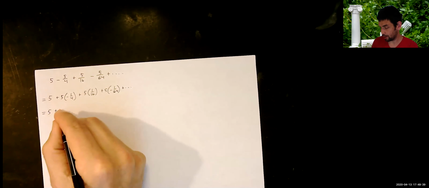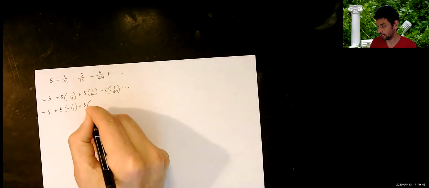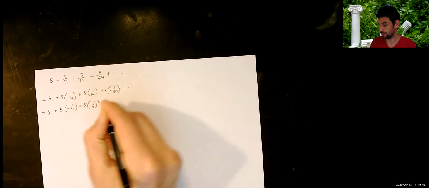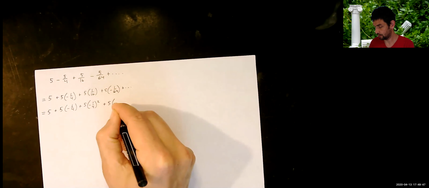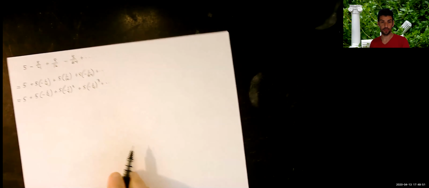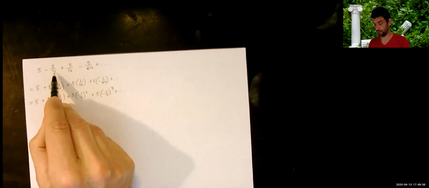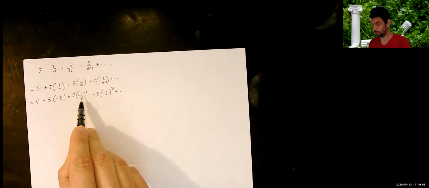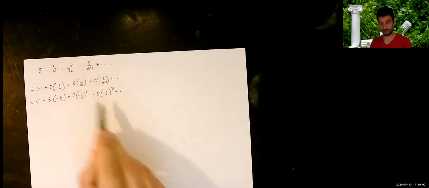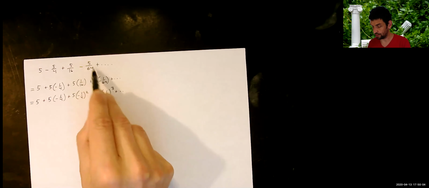And maybe now I might notice I can rewrite this a little bit differently. Right? So -1/4 gives me this -4 in the bottom. -1/4 squared becomes 1/16. -1/4 cubed becomes -1/64.